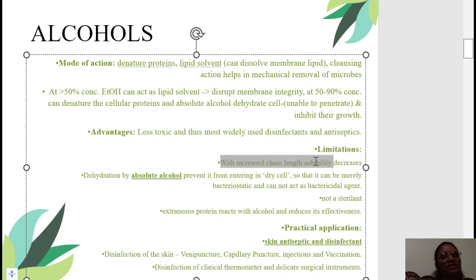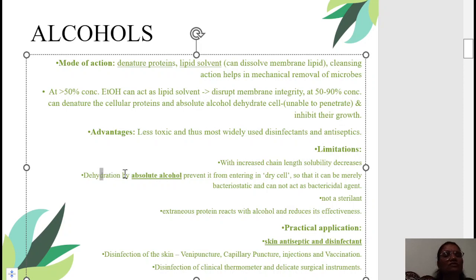This is one of the biggest limitations of the alcohol group of agents. We have also seen that the dehydration effect created by absolute alcohol prevents the entry of the alcohol itself into the cytoplasmic area to cause further damage to enzymes and other proteins.